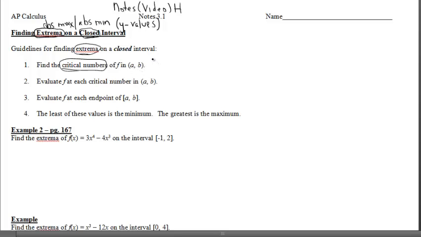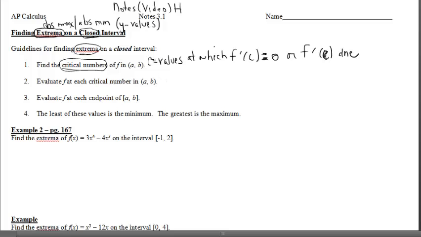The critical numbers are the c values, or x values, at which f prime of c equals 0, a horizontal tangent, or where the derivative at c does not exist.